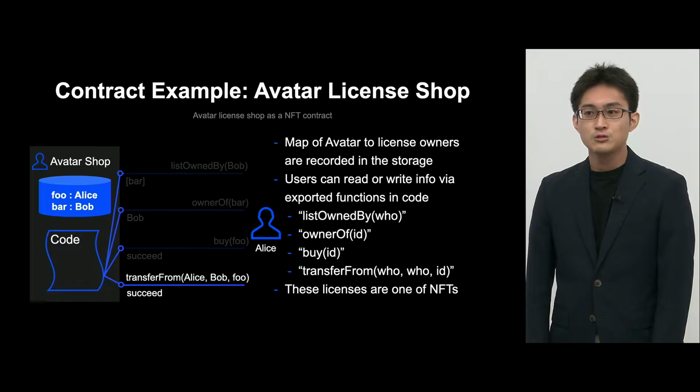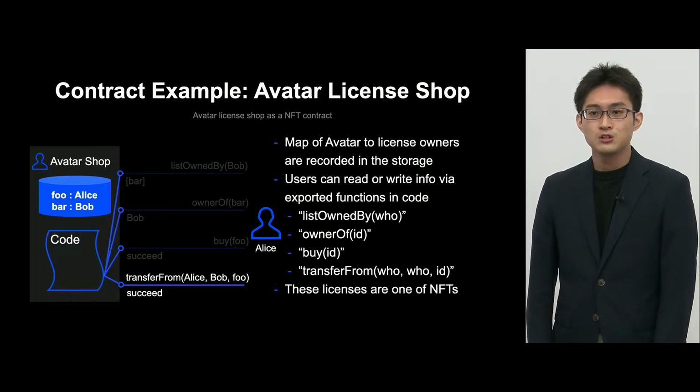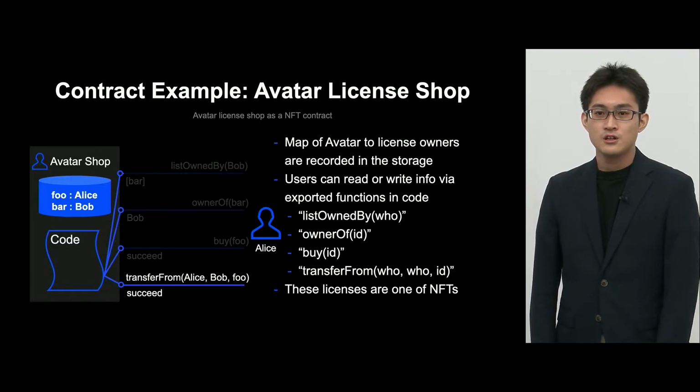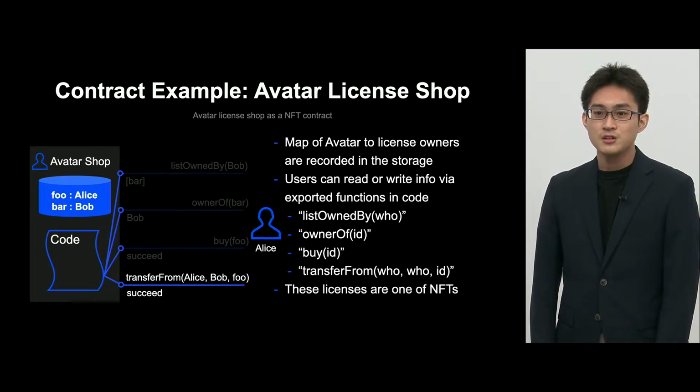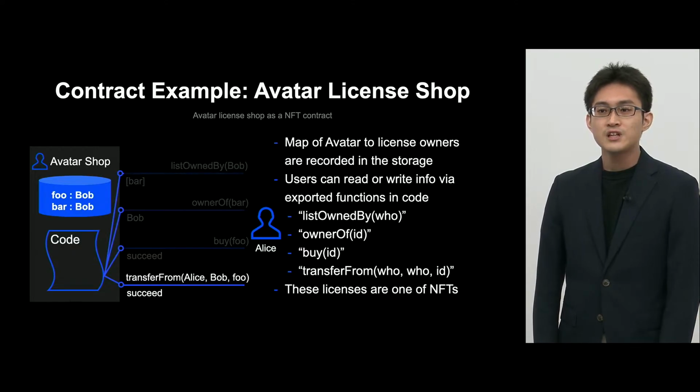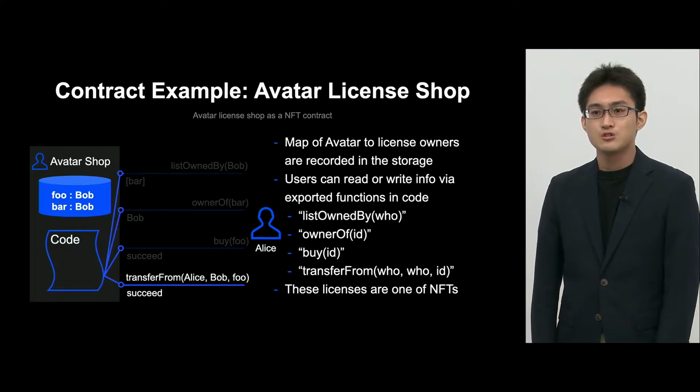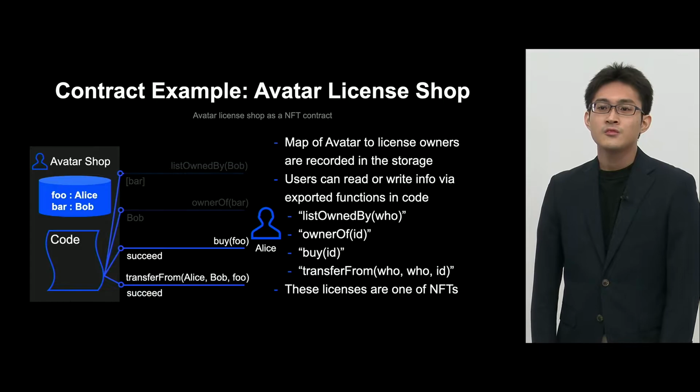To increase the liquidity of the generated avatars and make them popular, you can also make it possible to transfer the license. So with the function transfer from Alice, Bob, Foo, when you implement it like that, only when called by Alice, Foo's owner will be rewritten to Bob.